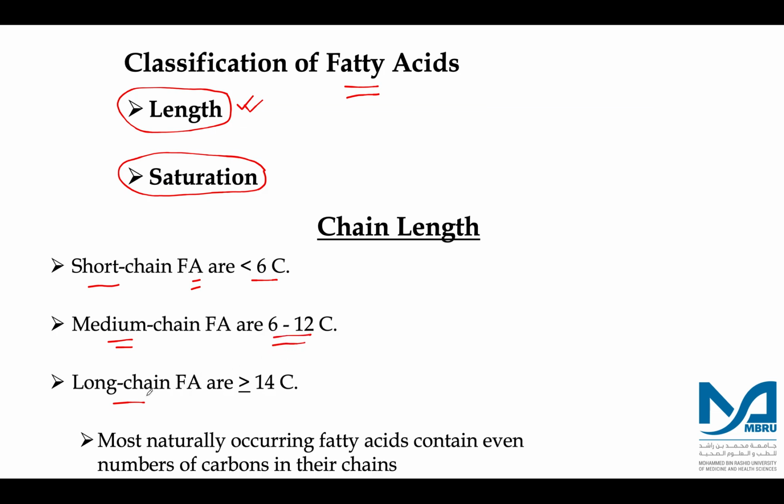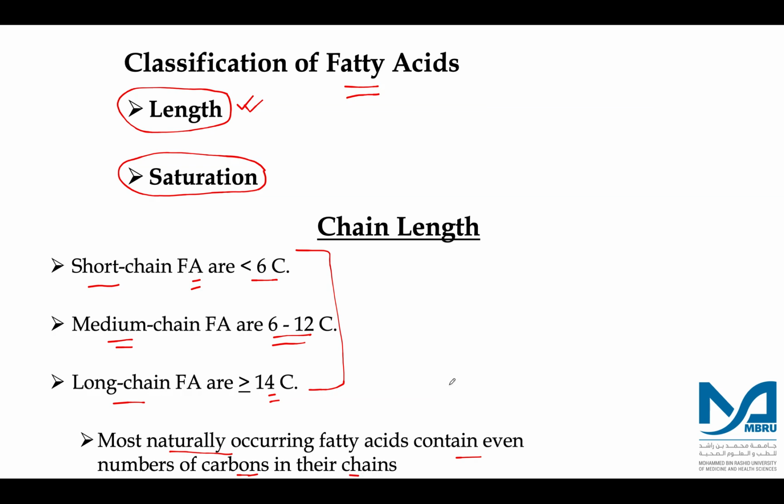And long chain fatty acids contain 14 or more than 14 carbons. Now, if you look at the classification, you will see that all the numbers that are stated in this particular part of the slide are even numbers. That's because most naturally occurring fatty acids contain even number of carbons in their chains.